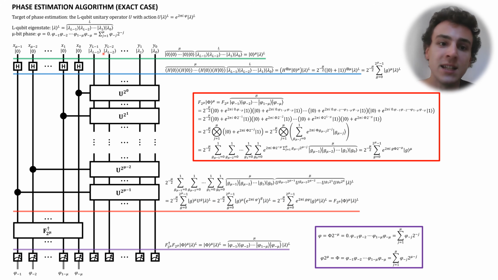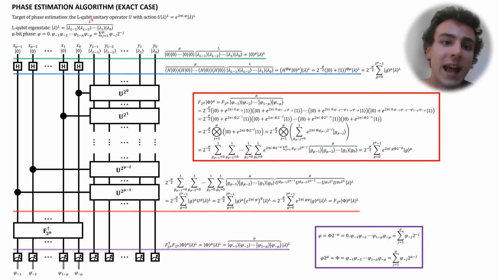If we take the tensor product of all L of these qubits in register Y, then we're going to get the eigenstate. So have a look at the notation up here in the top. The L qubit eigenstate is expressed in this format. Implicitly, you can imagine tensor product signs occurring in between each of these single qubit states.